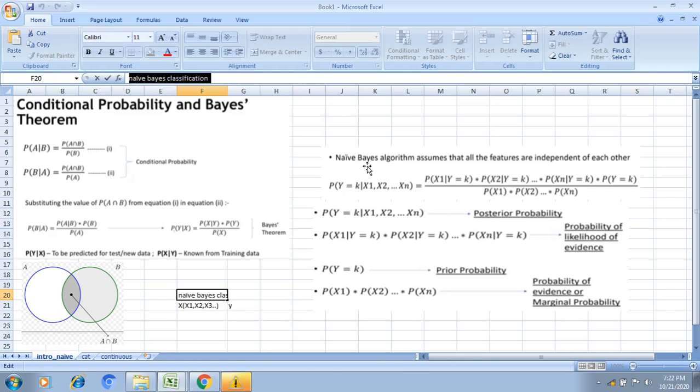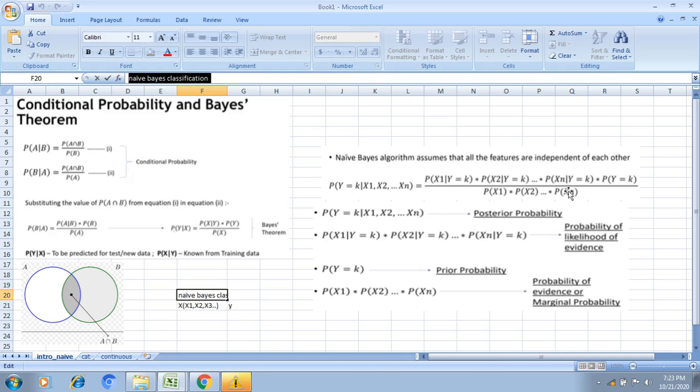Then the left side term is my prediction, which is why we call it the posterior probability. This is the likelihood, the probability of likelihood, the first term in the numerator. Here, this is my probability of likelihood evidence: probability of x1 given the class and so on.